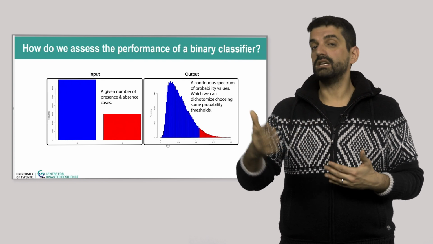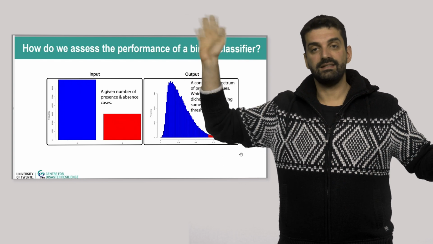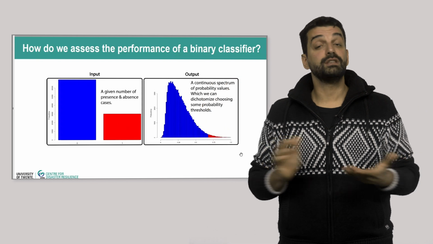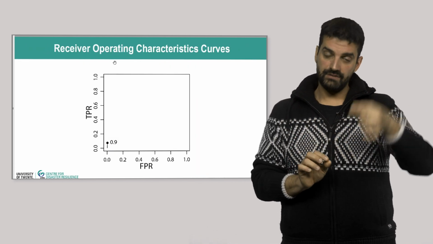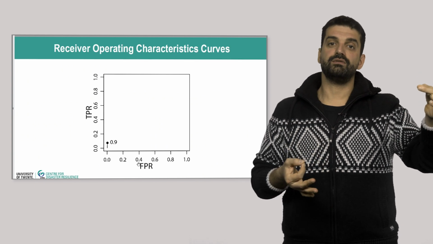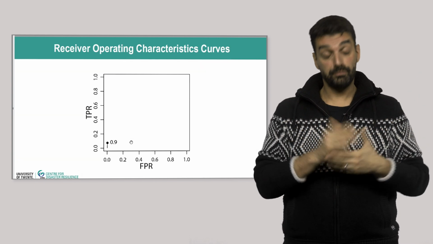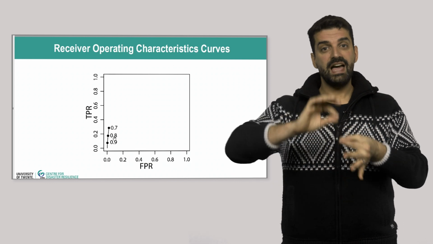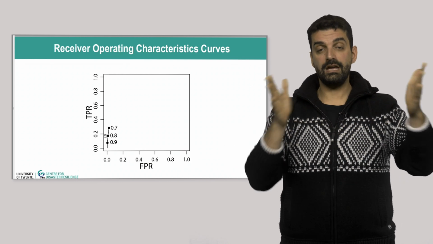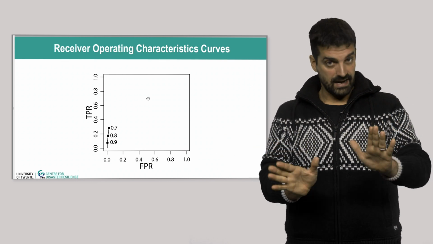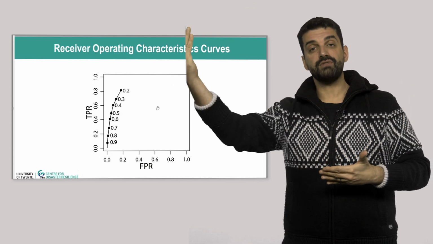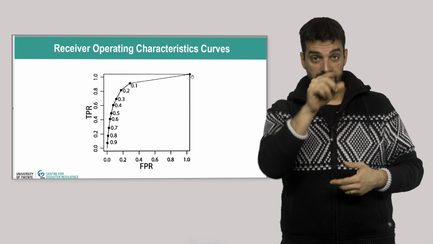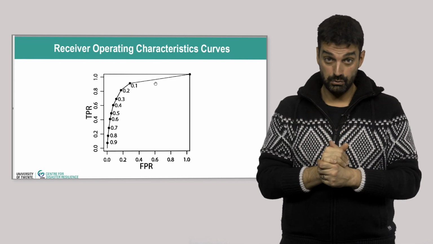So 1, 2, 3, 4, 5, 6, 7, 8, 9, and a million times if you need. You can then retrieve the values of the true positive rate and false positive rate for any probability threshold that you chose, and replot them in a two-dimensional space characterized by true positive rate and false positive rate, and reconstruct a curve where each value is a probability threshold we chose.